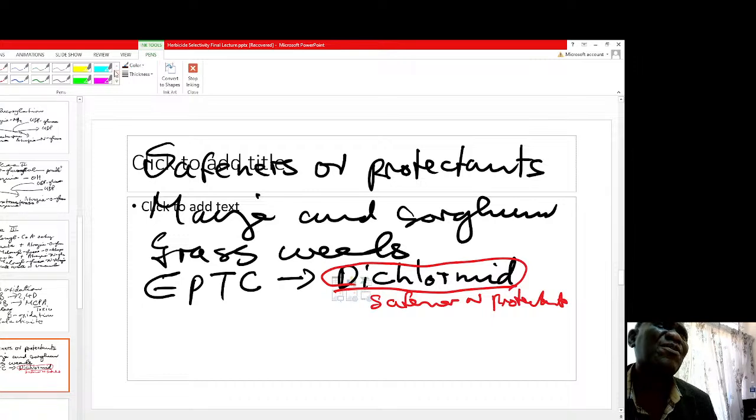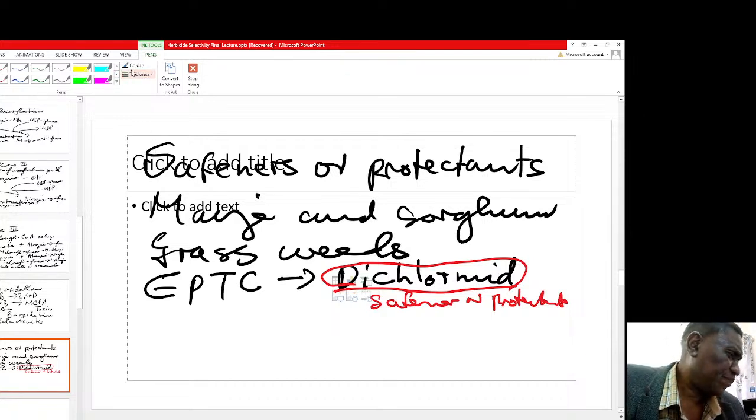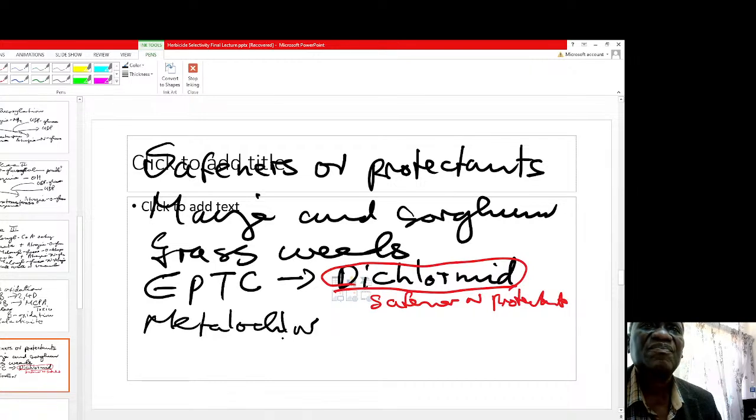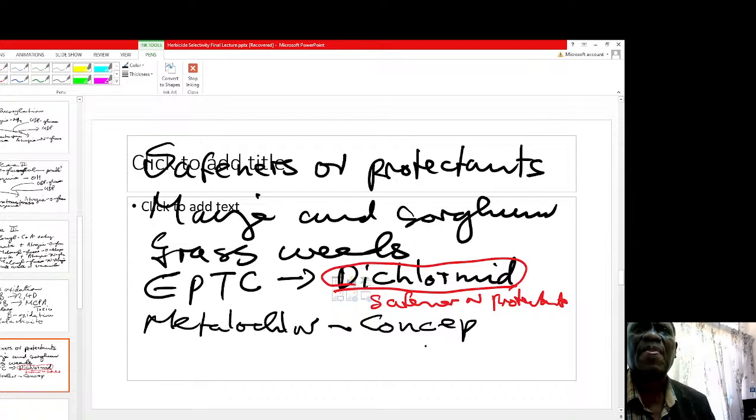The other example of the herbicide, this one you should know, is metolachlor, or Dual. Now, for metolachlor, the safener is known as concept.